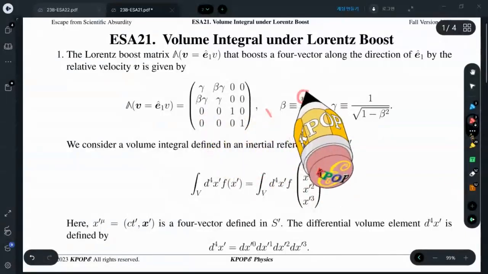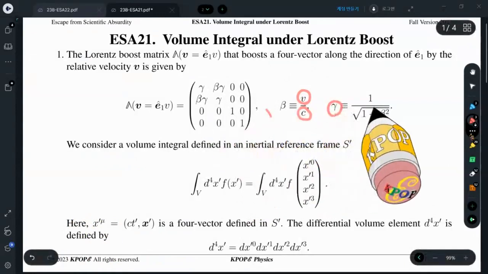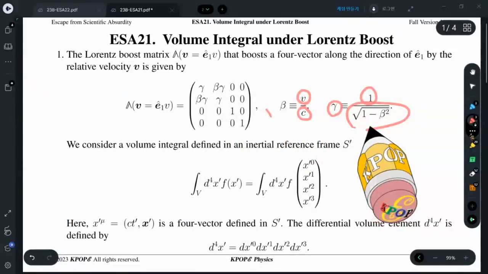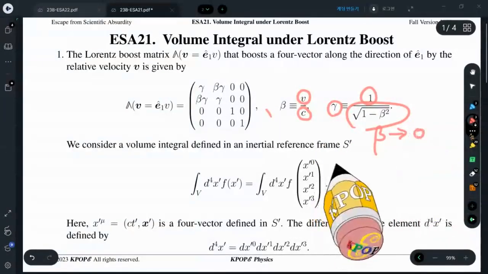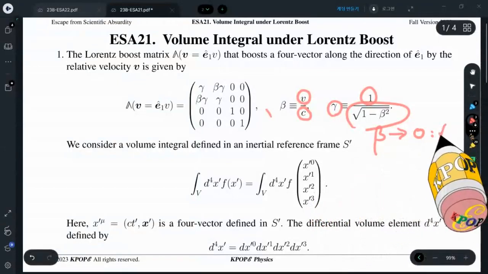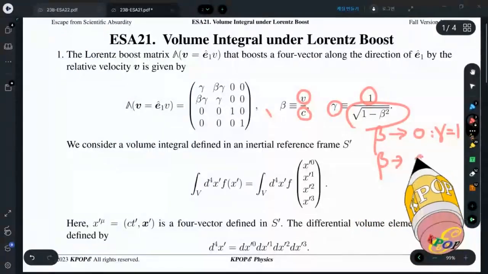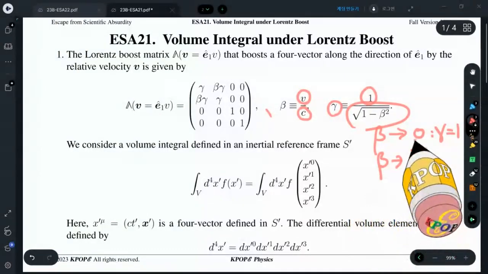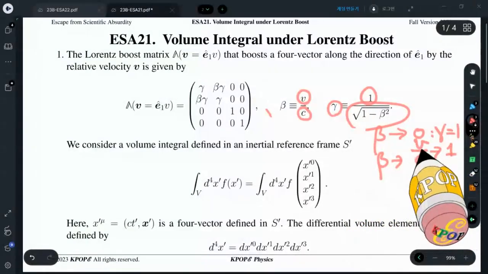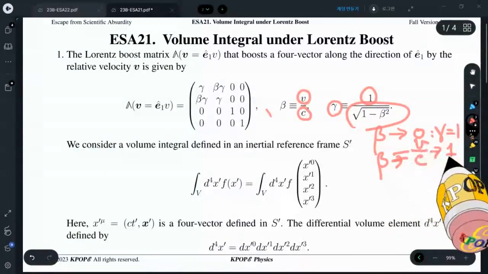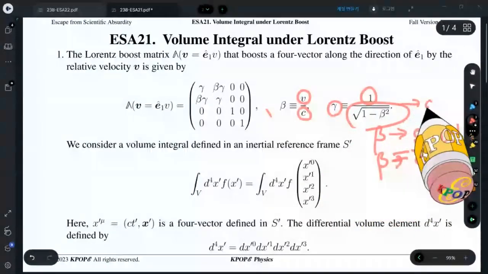And beta is the relative velocity divided by the speed of light. Gamma is 1 over square root 1 minus beta squared. So as the beta goes to 0, it is rest frame, then gamma equals 1 exactly. As the beta goes to the speed of light, v over c, if v approaches the speed of light, beta approaches 1, the square root becomes 0, therefore gamma goes to infinity.